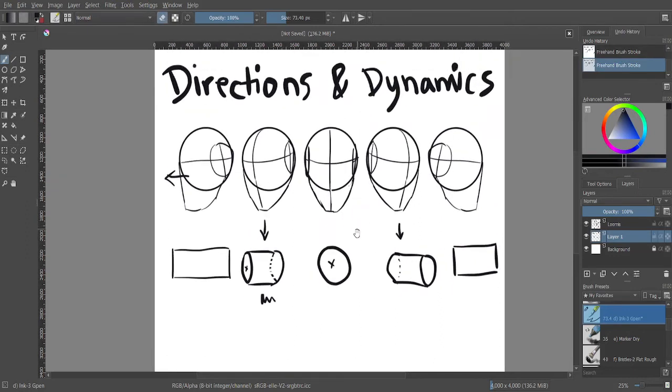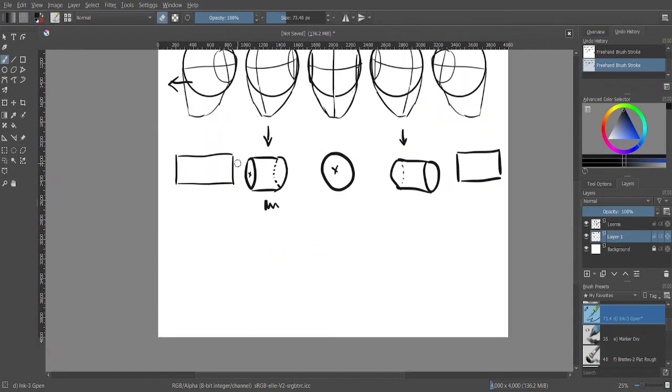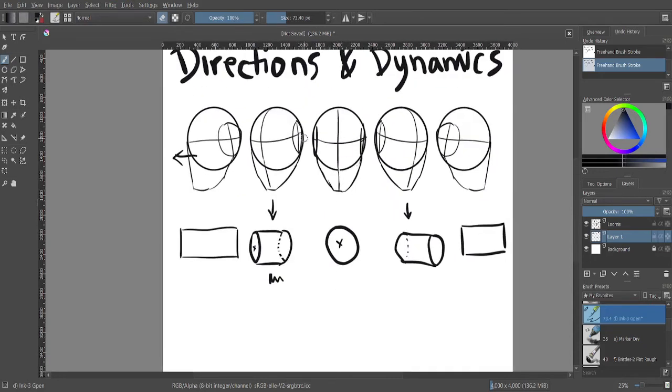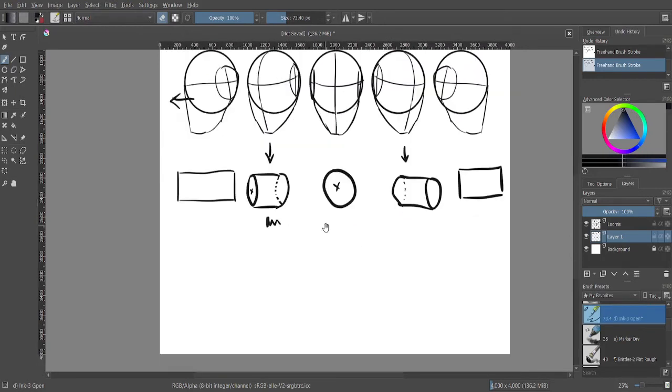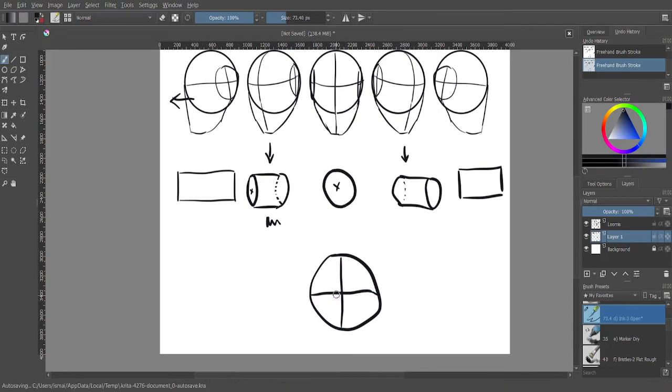Let's try another example. To make things easier and to see where the angle is and where the direction is, we can add horizontal and vertical lines. So like I did here with the Loomis, if I have a ball, okay, if I give it a vertical line and a horizontal line, you can now see that it helps us see the angle and direction of the object.